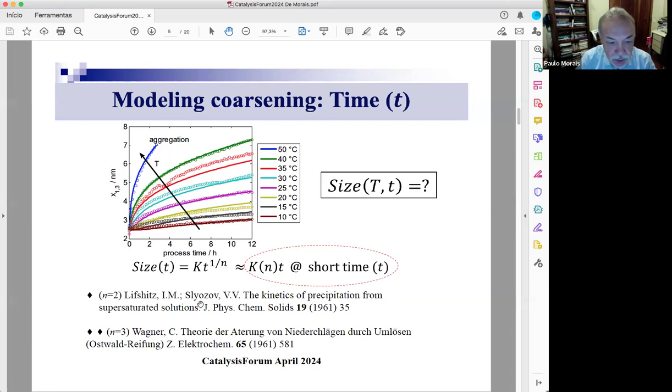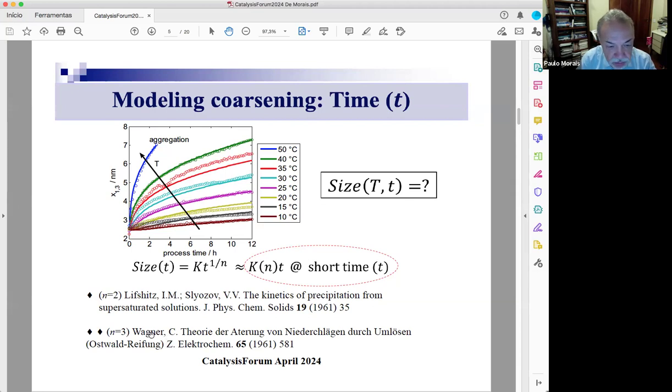So these two papers appeared early in 1961. The first was published by a famous Russian physicist, Lifshitz. According to the Lifshitz model, n is equal to 2. It means the size depends on time as time exponent 1/2, which is a square root.